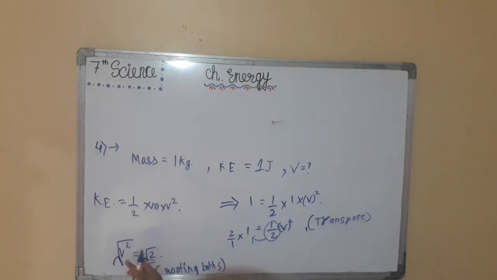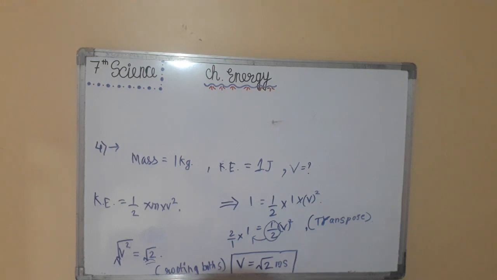So there was v square, so after rooting v square will be only v. 2 is not a perfect square, so we will take it as it is, root 2. Therefore the answer is velocity is equal to root 2 m/s, sorry, root 2 m/s.